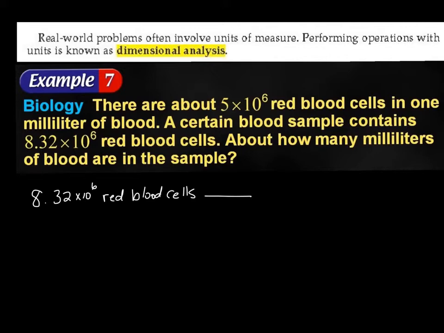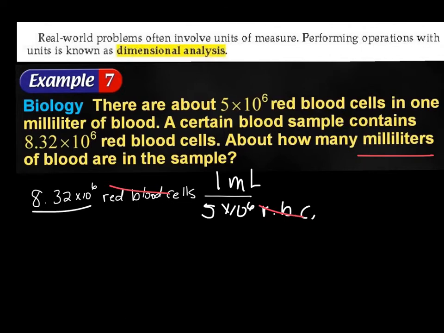So in the first sentence, they said there were 5 times 10 to the 6, I'm going to abbreviate it, red blood cells. Not a real abbreviation, just made that up. In 1 milliliter of blood. So my red blood cells will cancel out because anything divided by itself is 1. I'm going to end up with the units milliliters that I want.